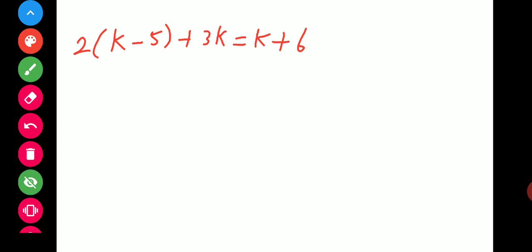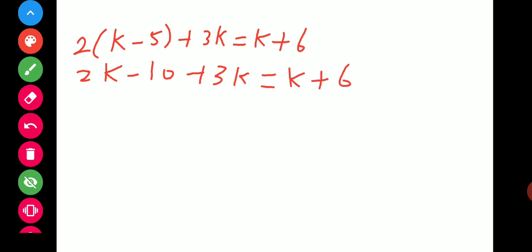This is your question. Now multiply inside, that is 2k minus 10, and here is 3k only, is equal to k plus 6. 2k and 3k, it becomes 5k minus 10 equal to k plus 6.